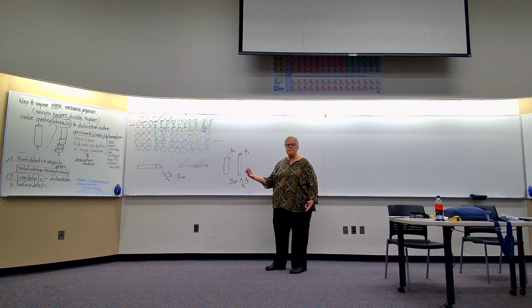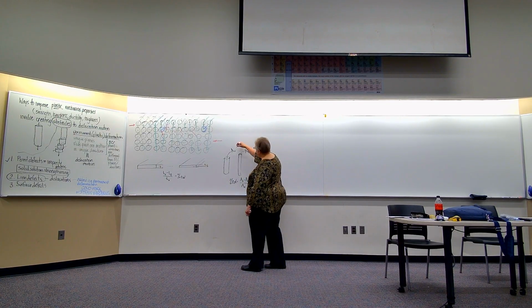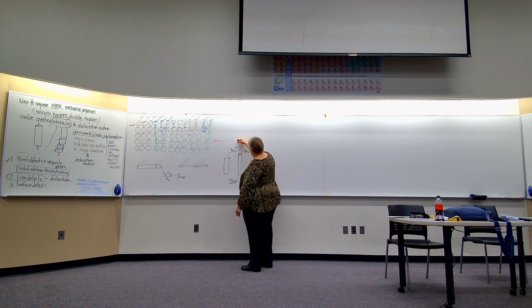Notice that the diameter is squared in these cases. This area is pi d squared over 4 original, and this is pi d final squared over 4.